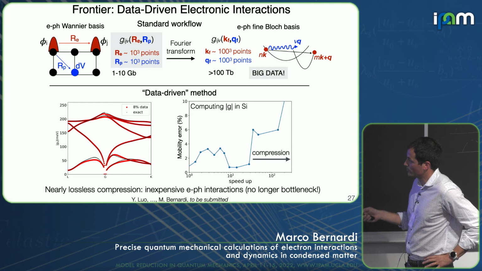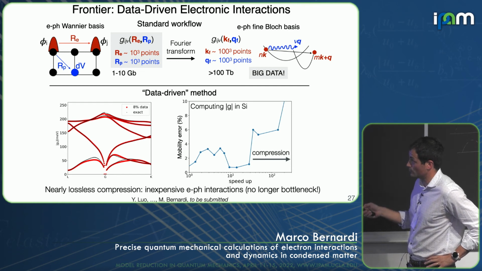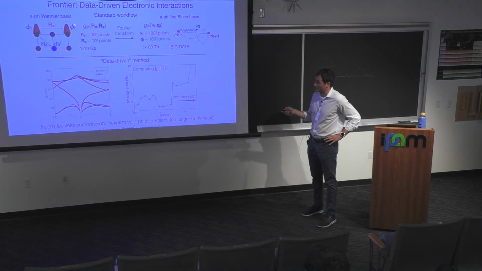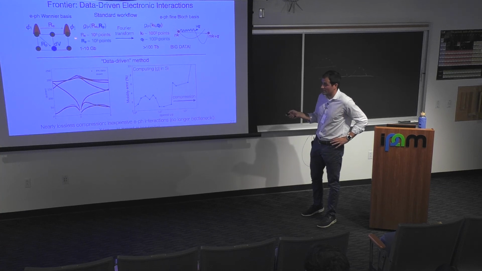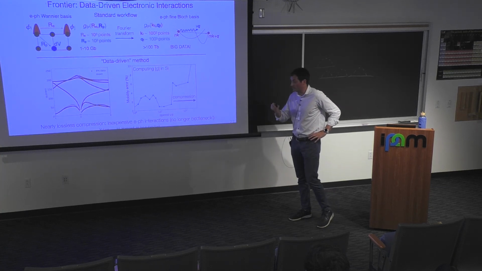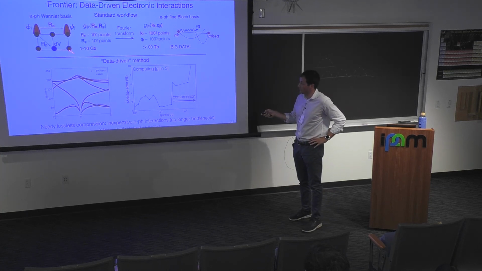Basically, the most compressed version that we have is the first step in the calculation, where we encode these matrix elements in a localized basis. Now, this has the same size of the matrix element on the coarse momentum grids, and it's usually very feasible. The memory cost is only about 1 to 10 gigabytes. So this is always the first step in the calculation.